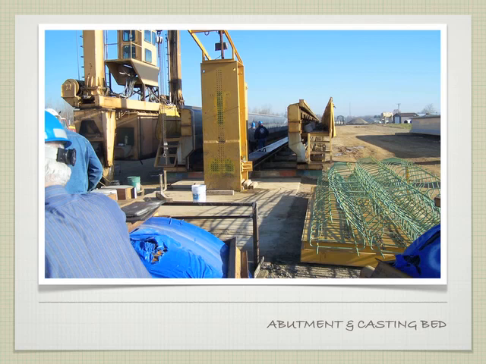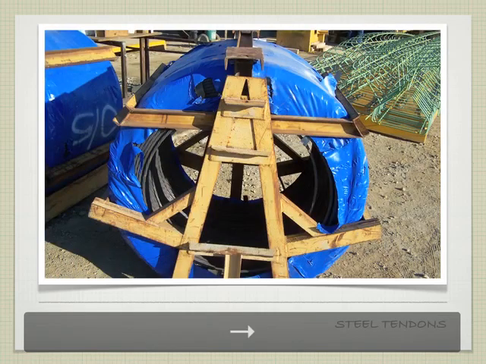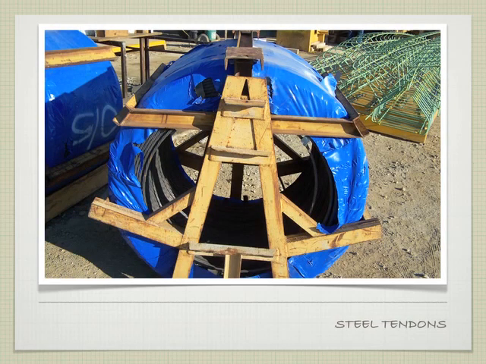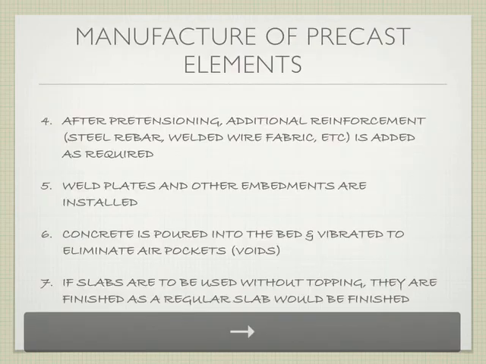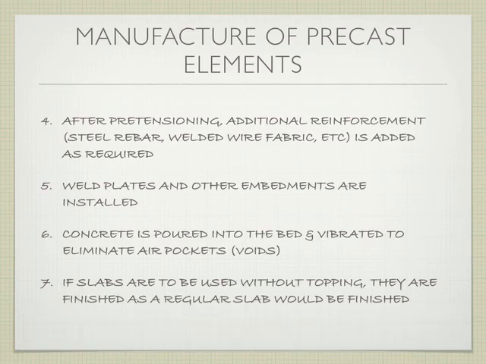Hard to see, but right here is a spool of the steel cables that they'll use, the tendons. There it is, a little bit better. There's our steel tendons. Those are going to run through those little holes on the abutment all the way to the end of the other side.